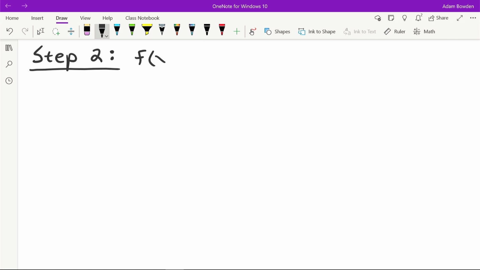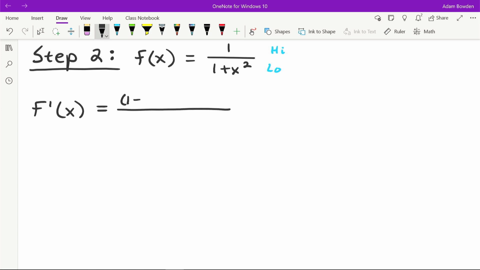Okay, and now we're going to find the derivative. Let's start with our function here, 1 over 1 plus x squared. We're going to have to use the quotient rule again to find the derivative. So f prime of x is equal to low, 1 plus x squared, d high. Well, d high is the derivative of the 1, which is just 0.